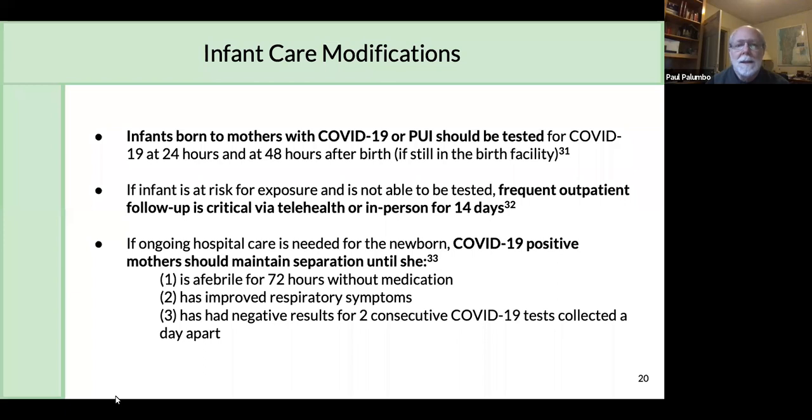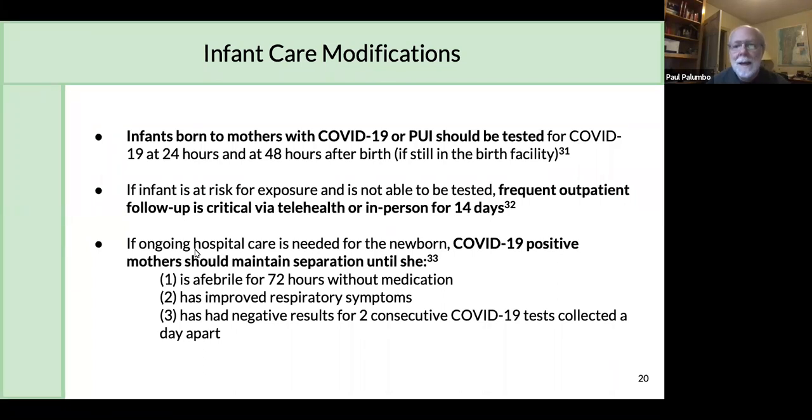This is reminiscent of practices similarly for herpes simplex in mothers, where we will surface culture infants starting at about 24 hours of age to try and detect exposure and or infection. If the infant is at risk for exposure and not able to be tested, frequent outpatient follow-up is critical via telehealth or in person for about 14 days.